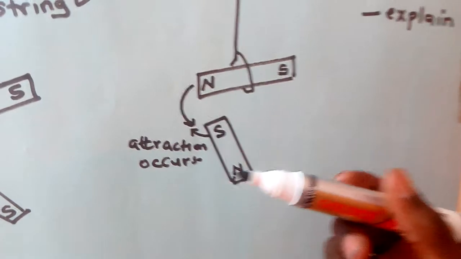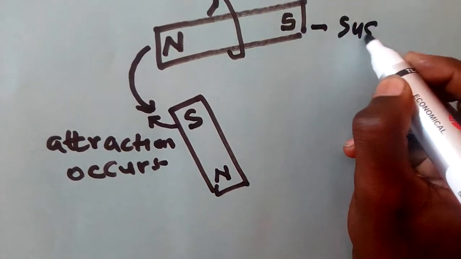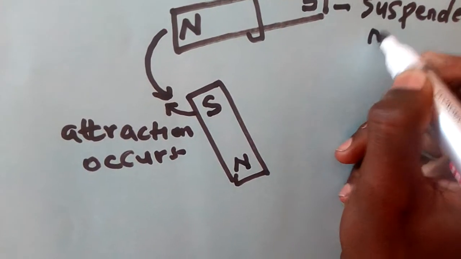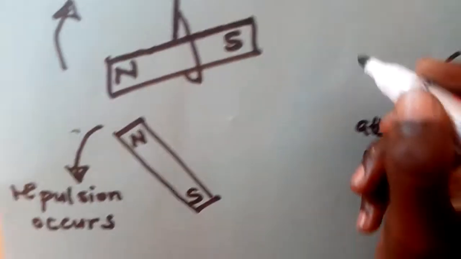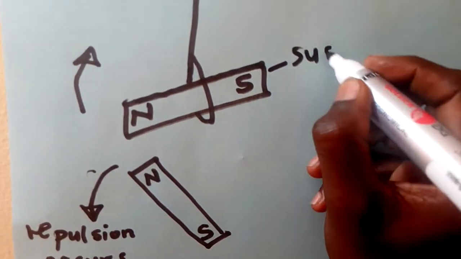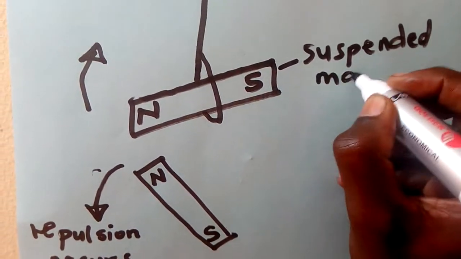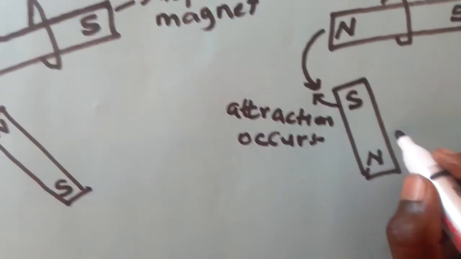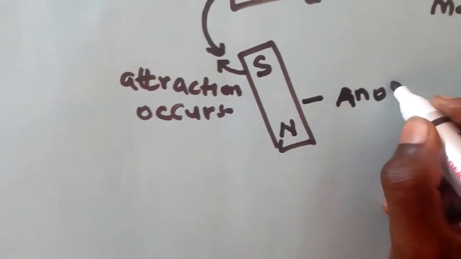Let us give these magnets names. This one, we say it is called the suspended magnet. This is the suspended magnet. Then this one is another magnet, the second one.